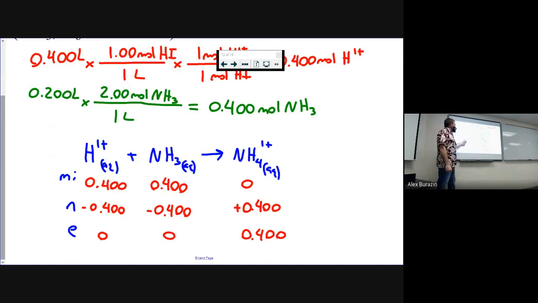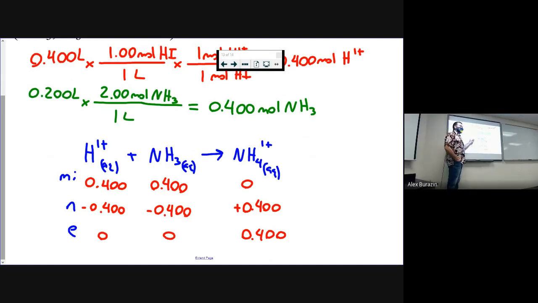So I have strong acid, I have weak base. They react Bronsted-Lowry style. This will donate, and I end up with ammonium. I have 0.4 moles of each. I set this whole thing up, and what do I get when it's all done? 0.4 moles of this. What is that? It's ammonium. Acid or base? Acid.